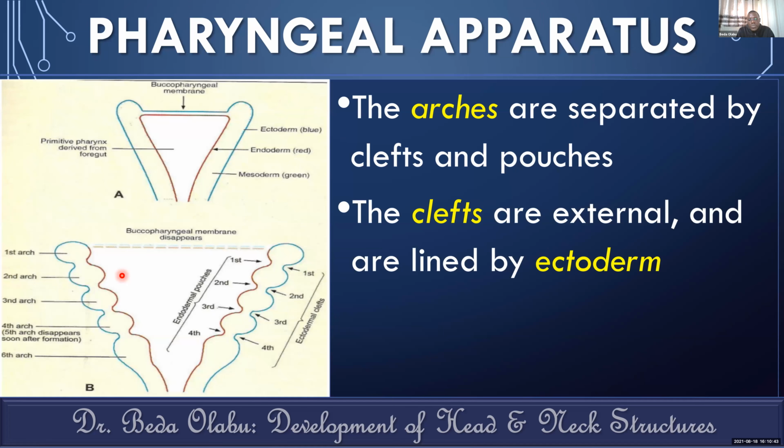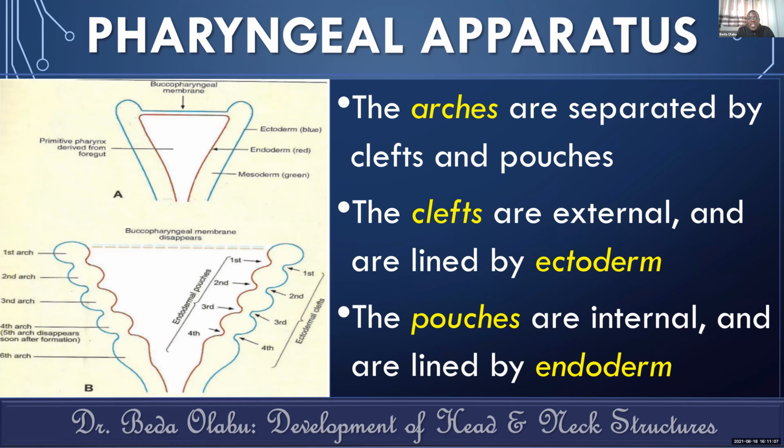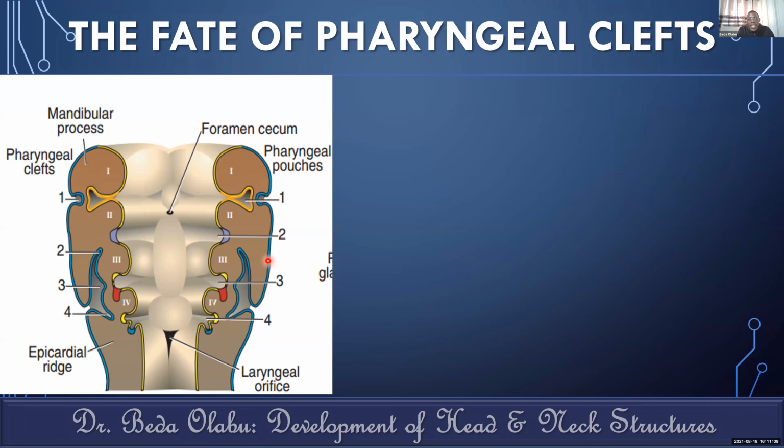I also told you that the pharyngeal clefts are the grooves which are external, and so they are lined by ectoderm. And I told you that the pharyngeal pouches are the grooves which are inside, the depressions which are inside, and so they are lined by endoderm. I want us to talk about the fate of the pharyngeal clefts.